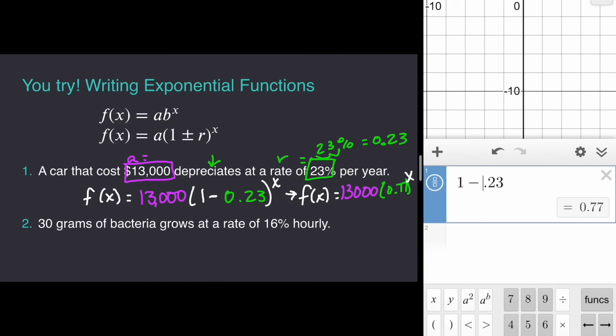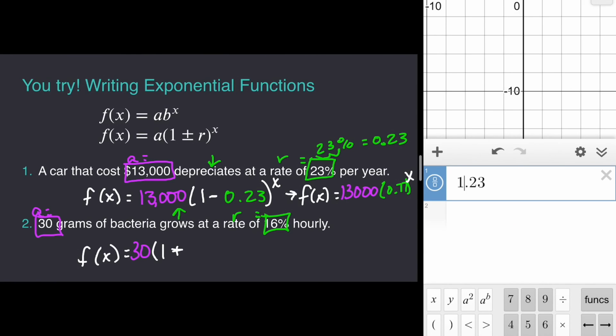All right. 30 grams of bacteria grow at a rate. Grow means increase. At a rate of 16%. So our equation, f of x equals 30 times 1 plus, because we're growing, 16% is the same as 0.16.